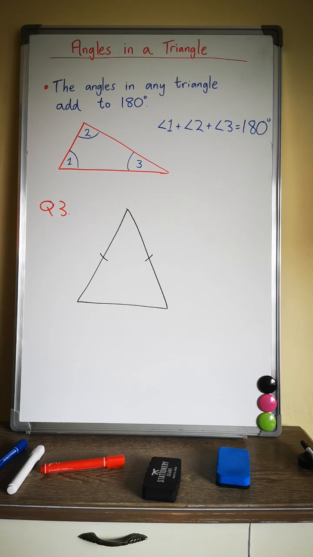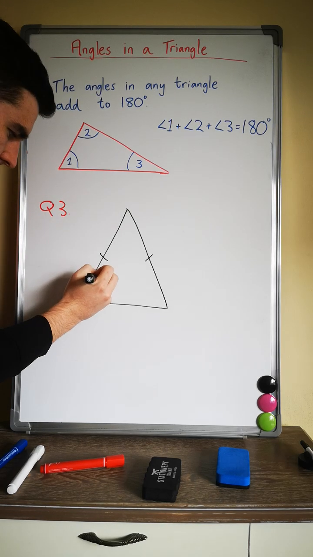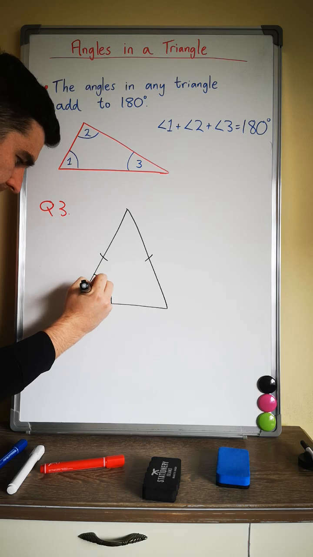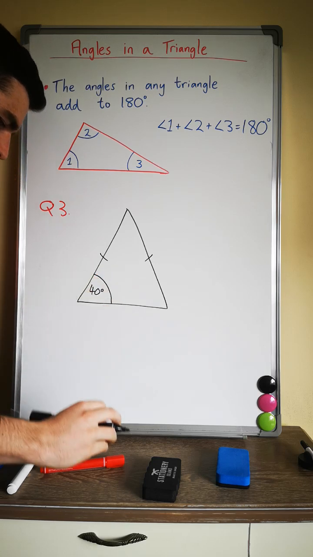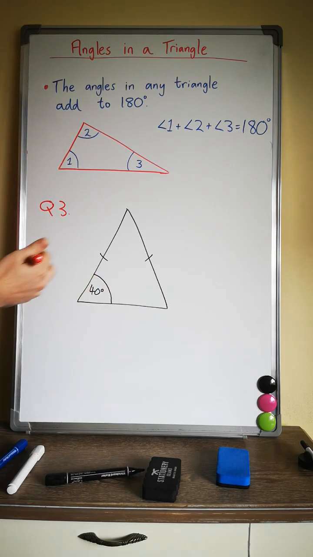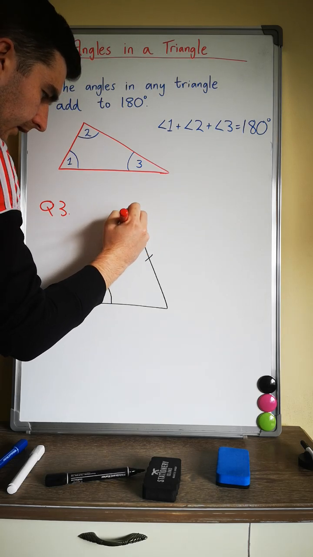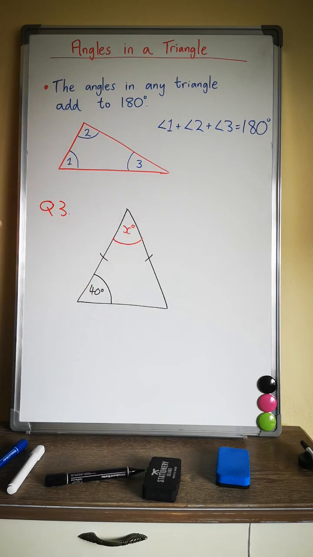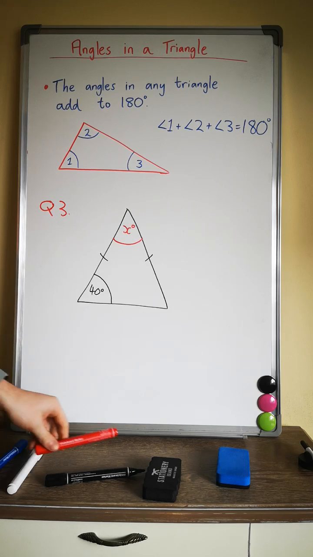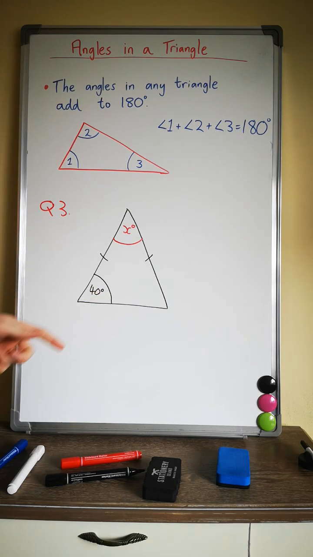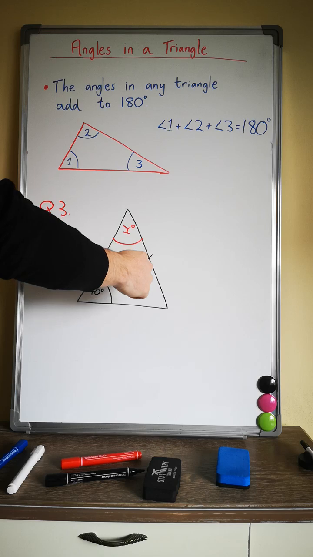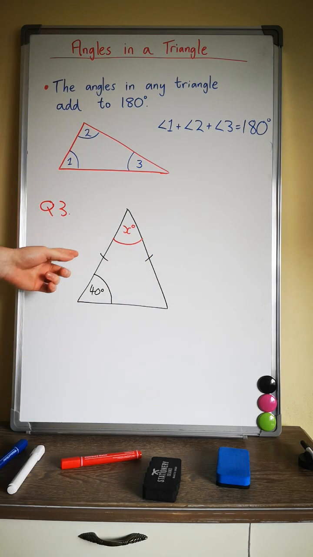So if I told you that this was 40 degrees, the question could be, can you find what x degrees is? After telling you that it's an isosceles triangle, give it a video pause, give this one a go, see how you get on.